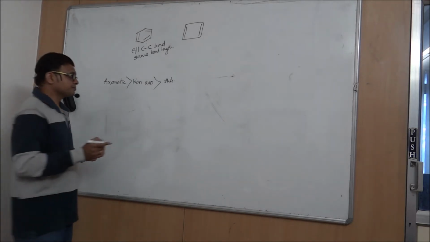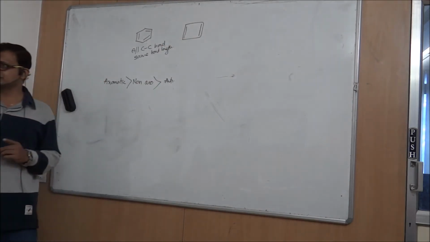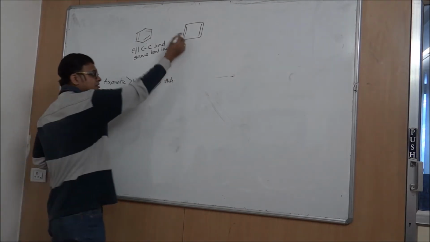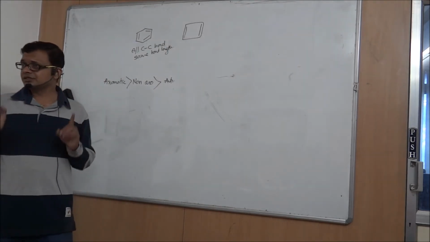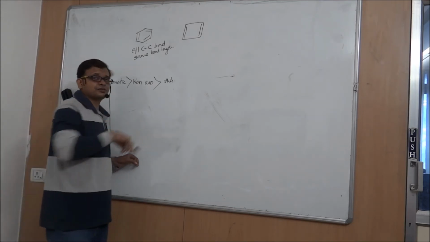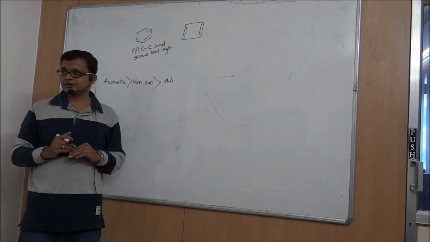So if these double bonds are not in conjugation, if they are not taking part in conjugation, they are stationary double bonds. In that case, there is no delocalization of electrons. Since there is no delocalization of electrons, there is no anti-aromatic character. When delocalization is there, aromatic character is there.